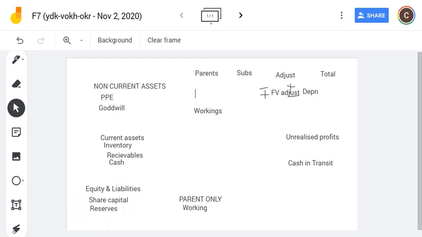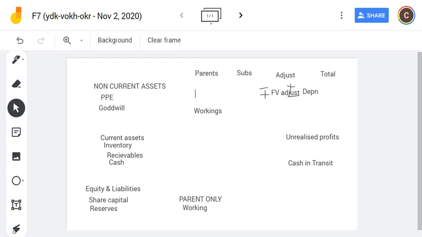The other components of equity, you only bring in for the parent only. In F7, not so much of other components of equity, quite rare, but you get to meet those in P2.